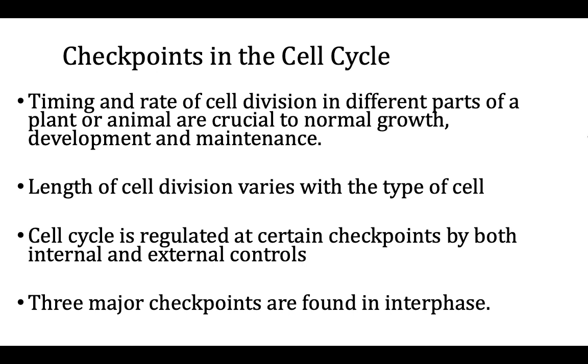And by the end of that, the cell can determine whether or not it can go into mitosis. And how does the cell determine that? It's through chemical signals that it receives, and then that can tell it to go on to mitosis and cytokinesis or not. That's pretty much it.